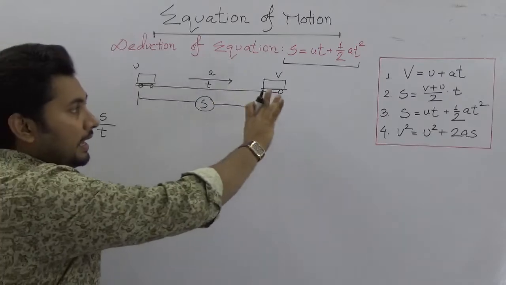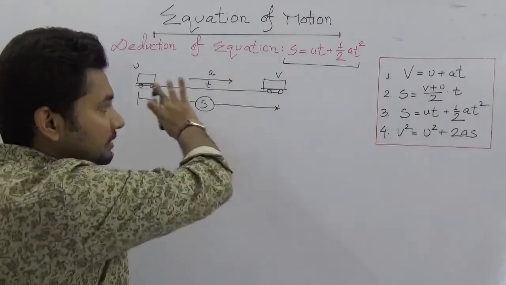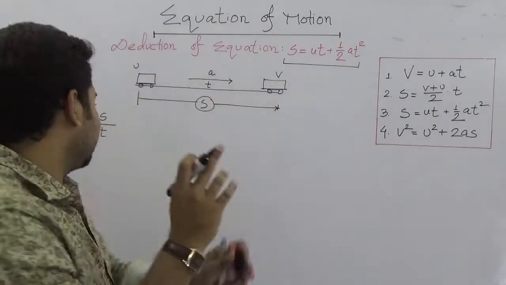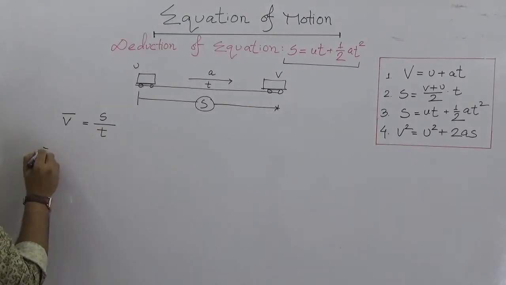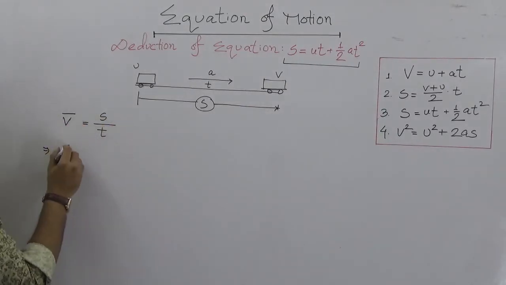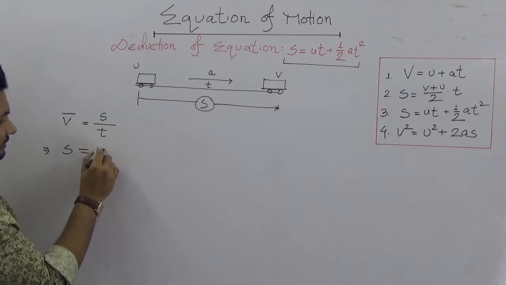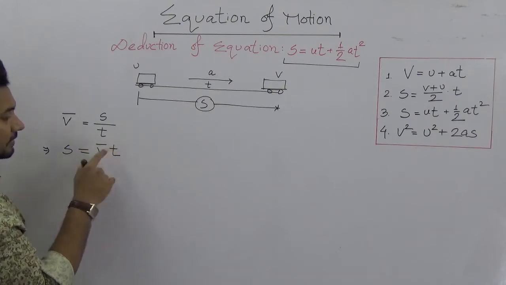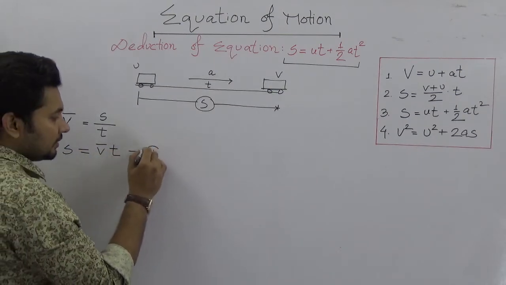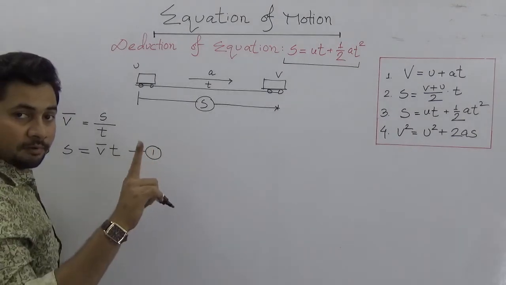As it's moving from here to here, there will be an average velocity, and through this equation we will find that S is equal to v bar times t. Suppose I write it as equation number 1.